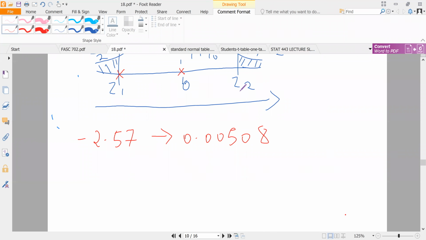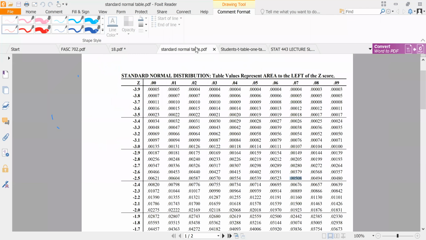And then the probability here, 0.00494, is given by the Z value of minus 2.58.